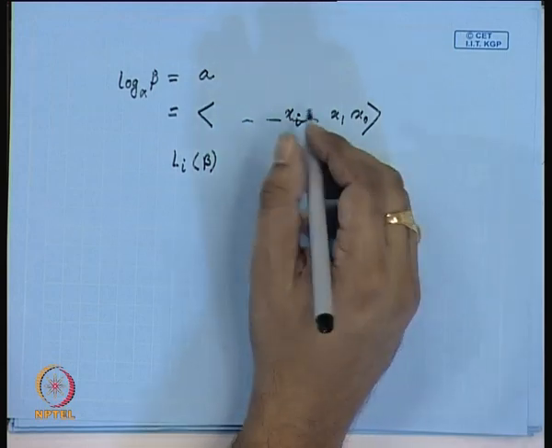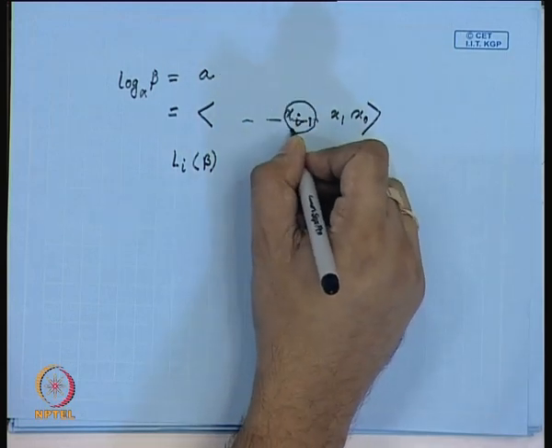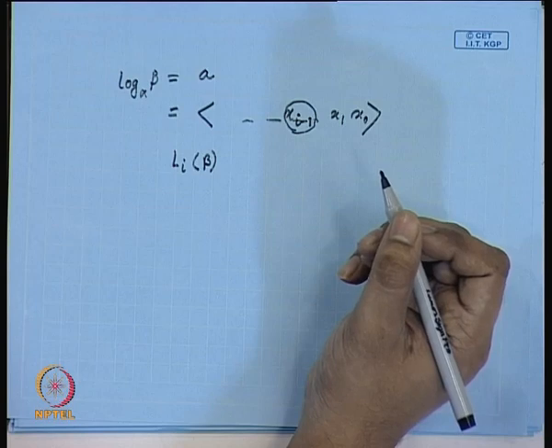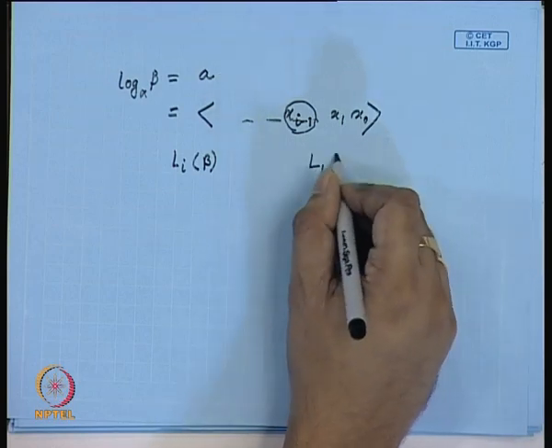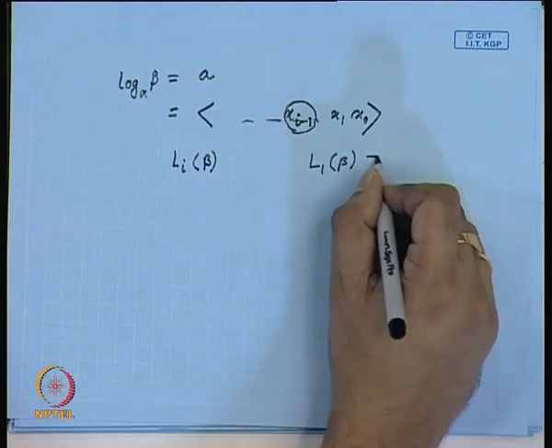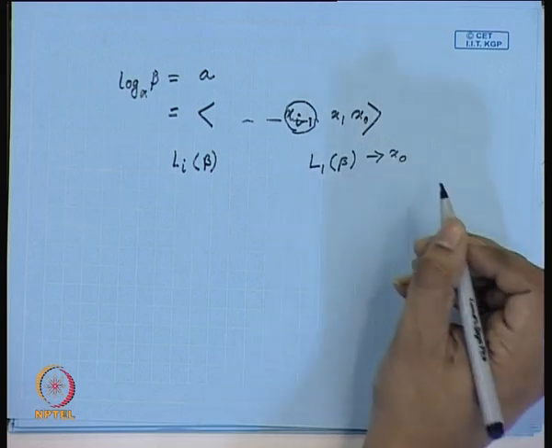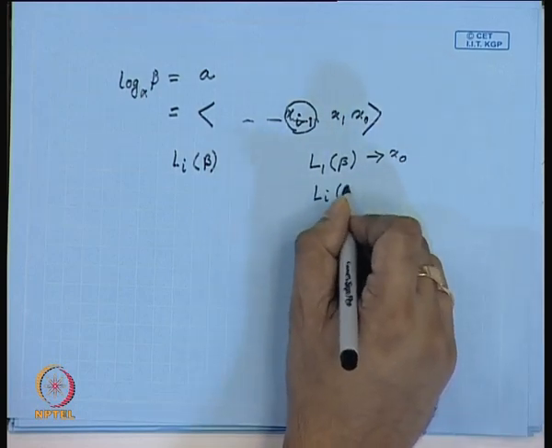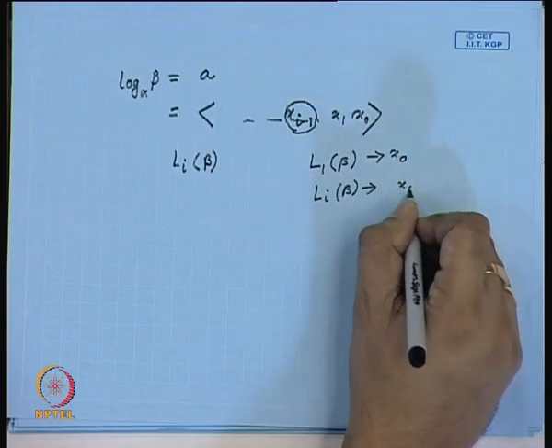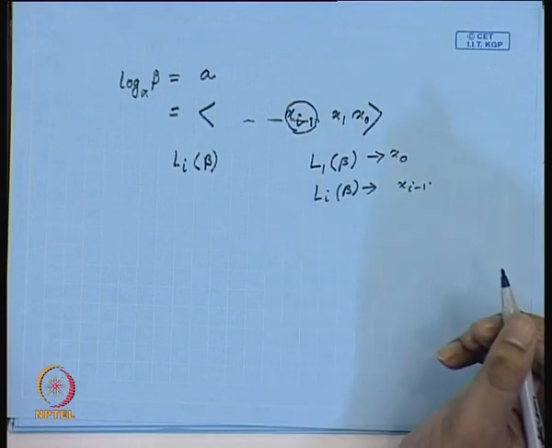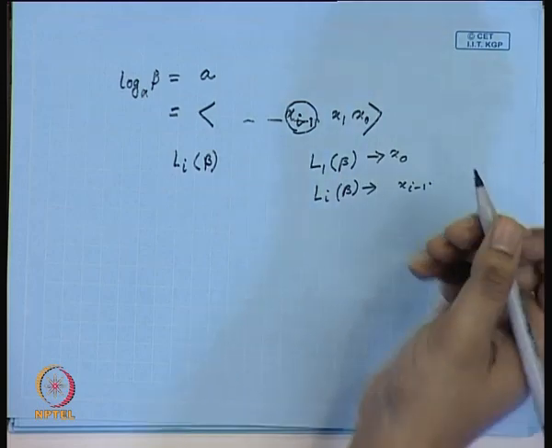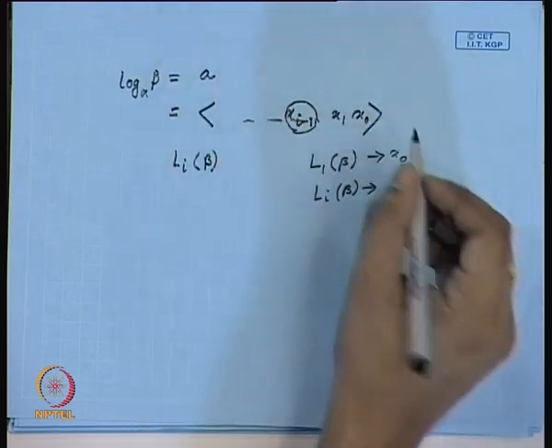So my problem is to essentially compute the value of the ith bit. When I refer to L1 beta, I compute the value of x0. When I refer to Li beta, I compute the value of xi minus 1. That depends upon your numbering.